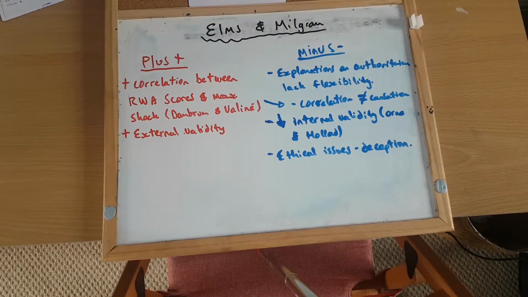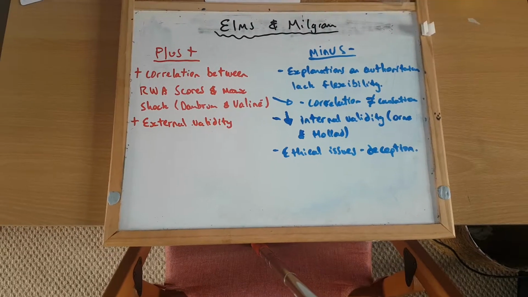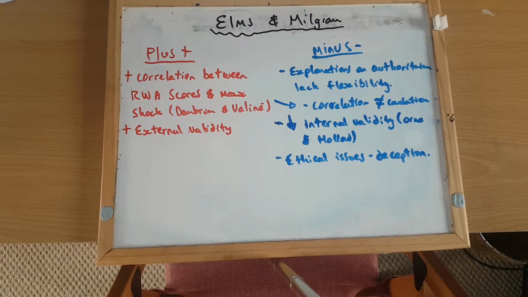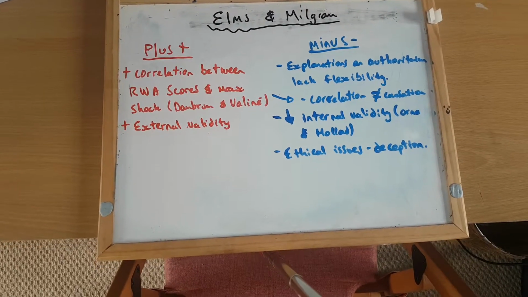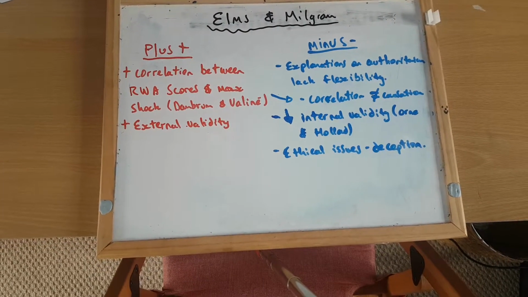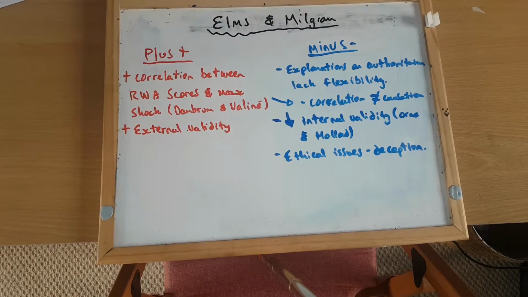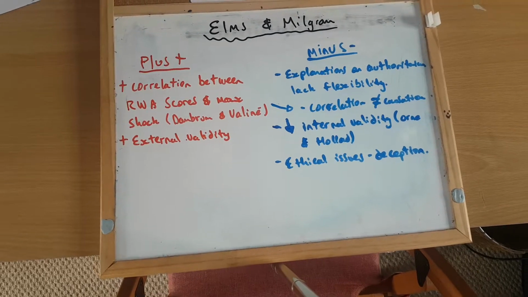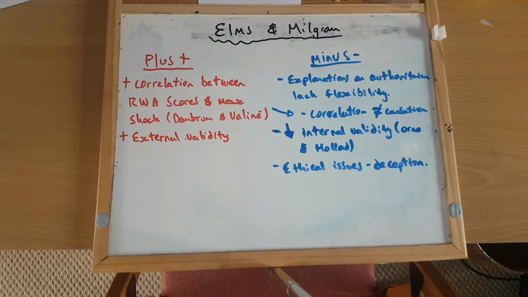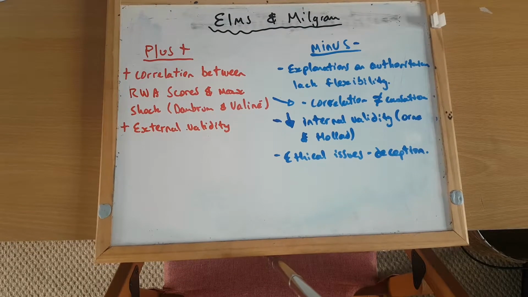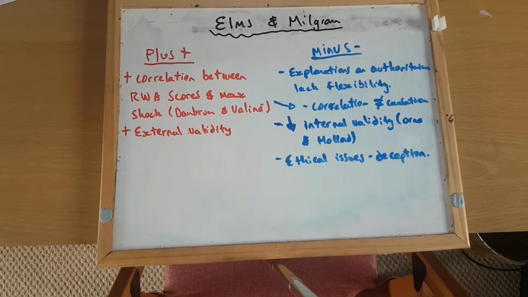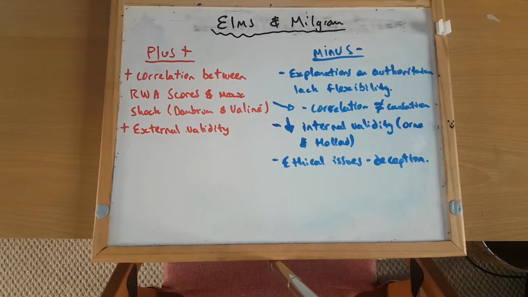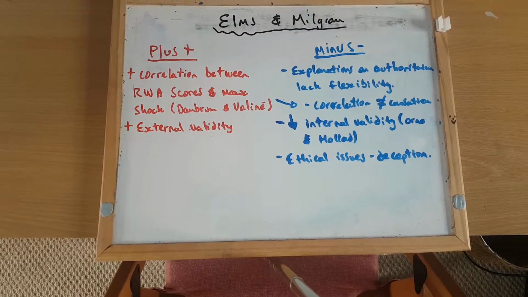What they really said was that the participants didn't actually believe the shocks administered were real, and obviously this affected the results, because if they didn't think it was real, why would they bother caring about giving a shock? Because it's not real, it's not going to hurt them. So that's actually a major limitation of this study.